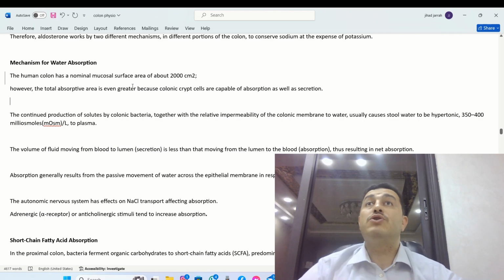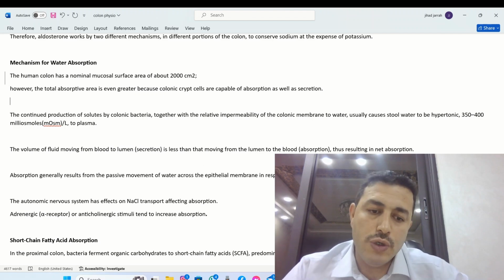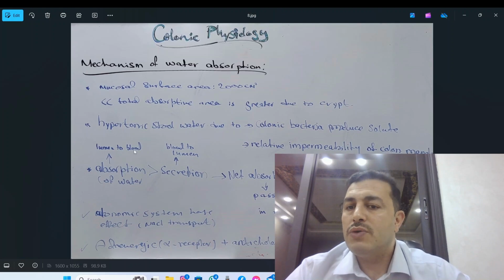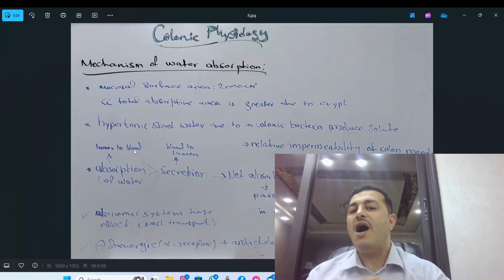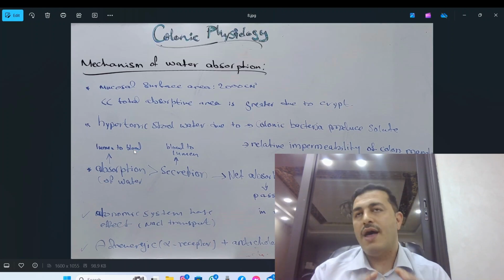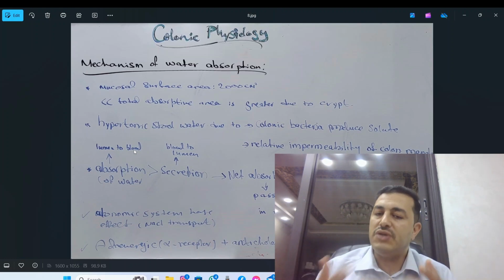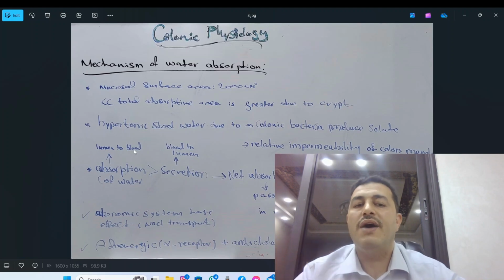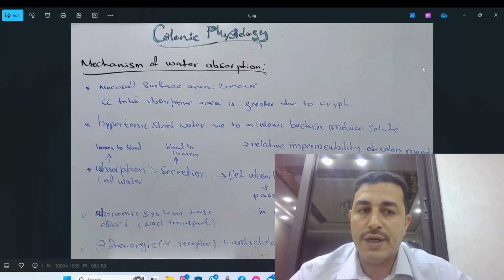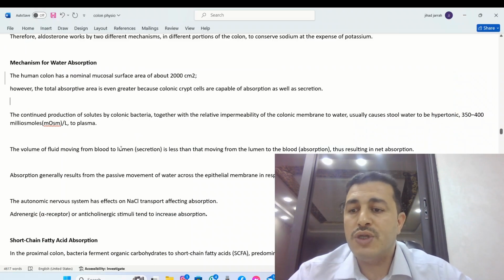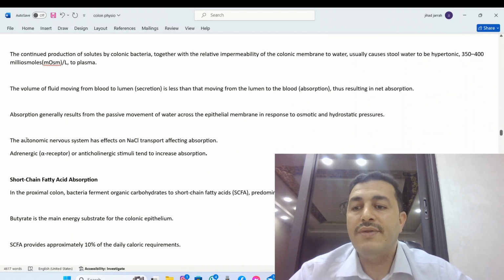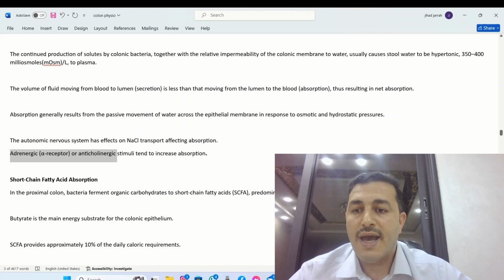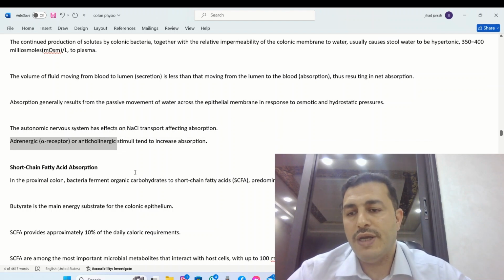We have absorption from lumen to the blood, which is higher than secretion. The epithelium of the colon secretes water, but the absorption is higher, so we have net absorption. Also, water absorption can be regulated by the autonomic nervous system and by adrenergic and anticholinergic stimulation.